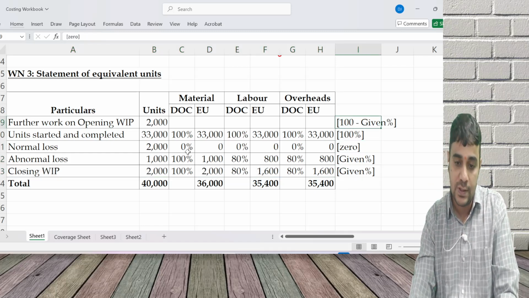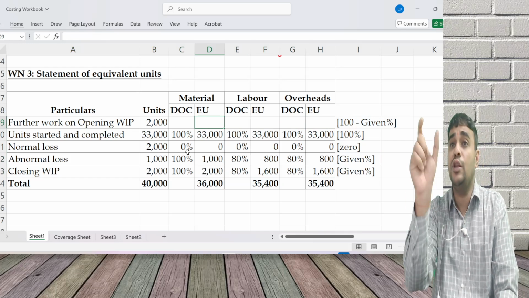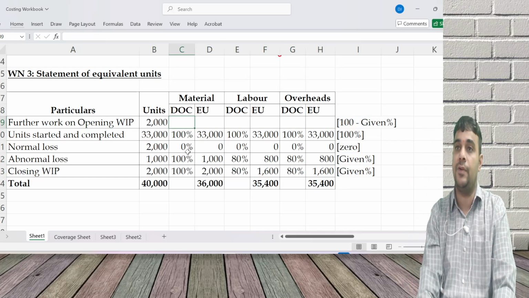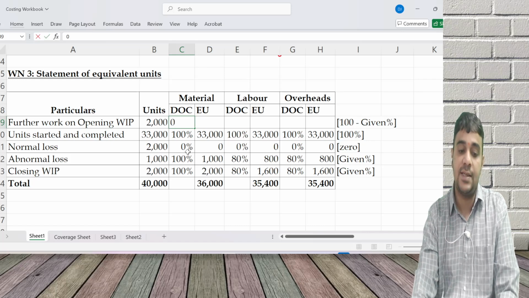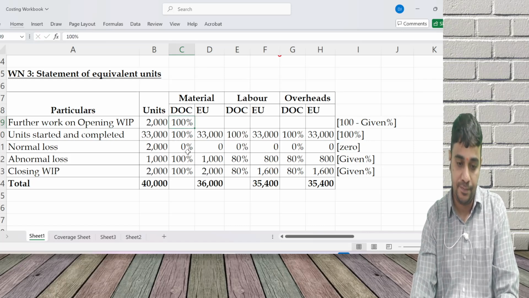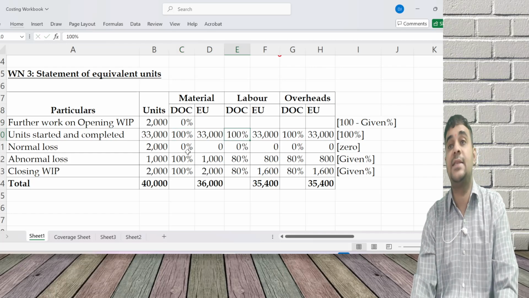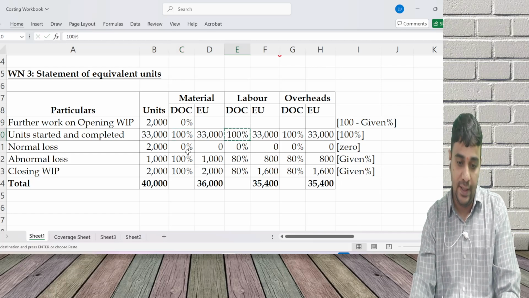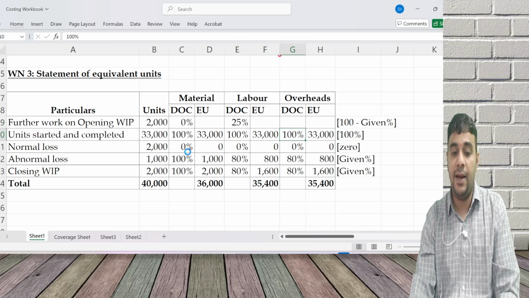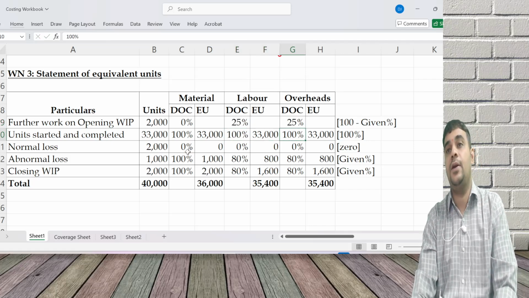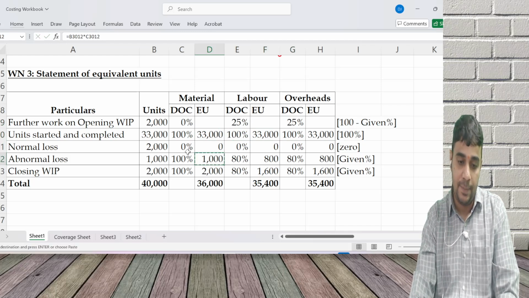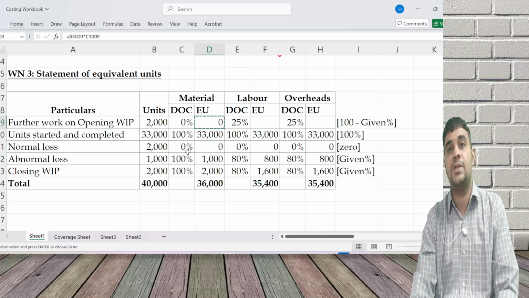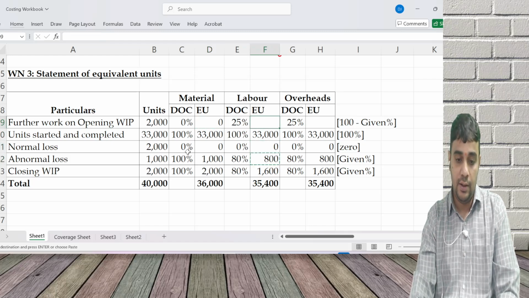So the rule is 100 minus the degree of completion given for the opening WIP. 100 minus 100 is 0%. 100 minus 75 is 25, and 100 minus 75 is 25. Again I do the multiplication: 2000 into 0%, 2000 into 25%, and 2000 into 25%.